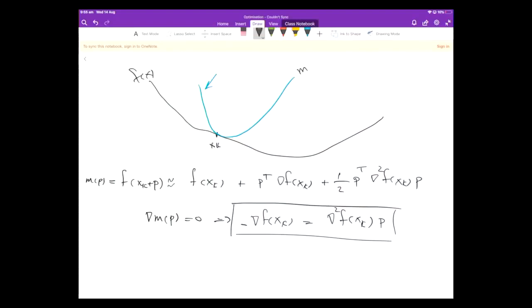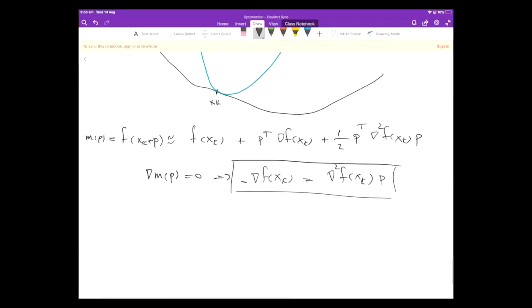Last week, we derived the Newton steps using the Newton-Raphson root finding idea. We end up with the same set of equations. So there are two ways of interpreting Newton's method. This is the second way. This is the way that we are going to use now to construct the general family of second-order methods, quasi-Newton methods.